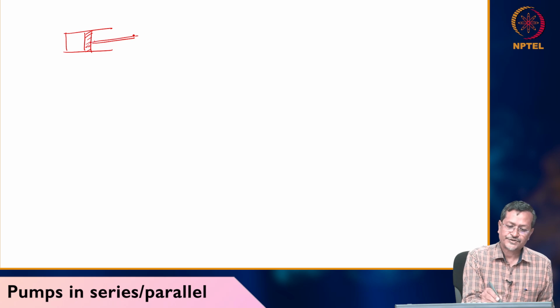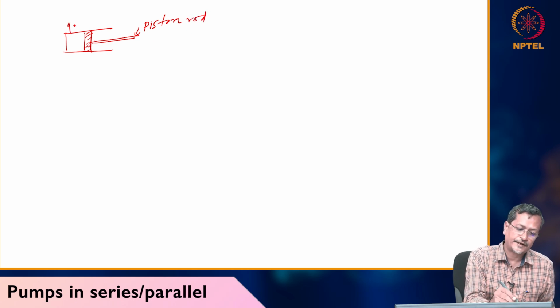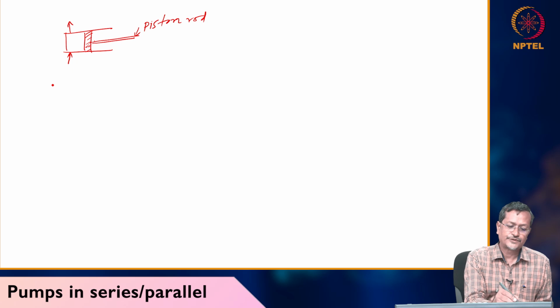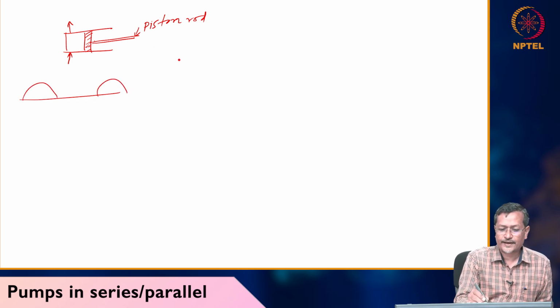So if you have only a single cylinder, let's assume you have a piston here and a piston rod or connecting rod here, and here a delivery valve and an entry valve. In that case you are getting a pulse like this. Now on the delivery side, I have one chamber filled with nitrogen.